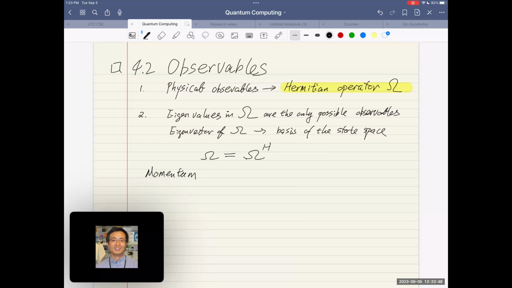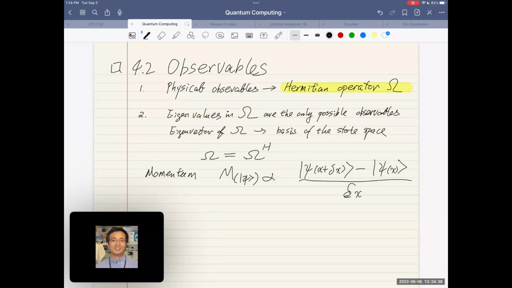With the quantum state psi, the momentum is basically proportional to the next state minus the previous state, divided by how much the state changes.